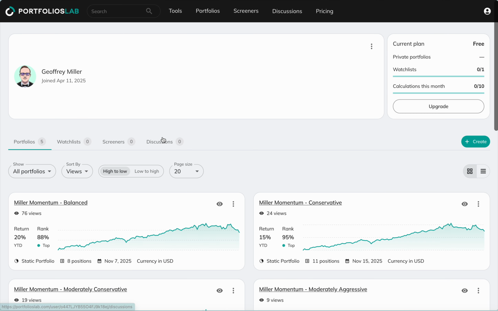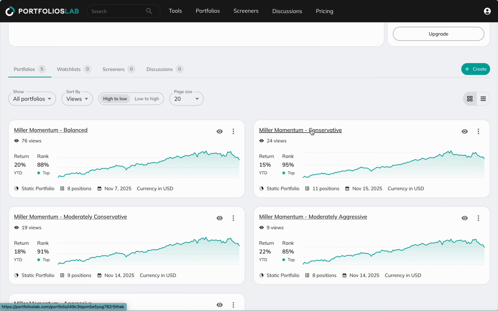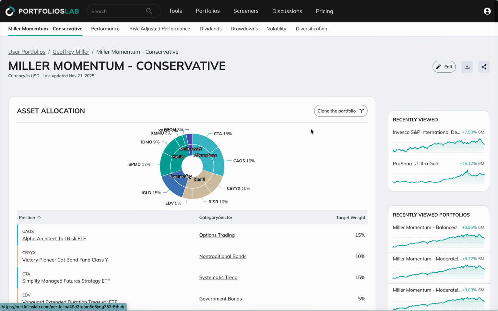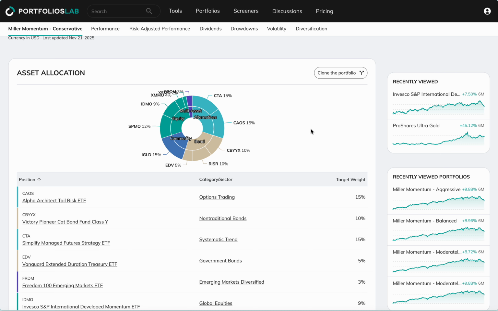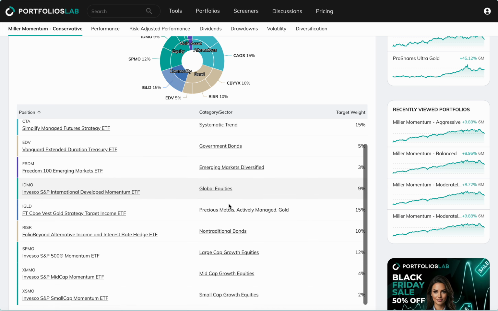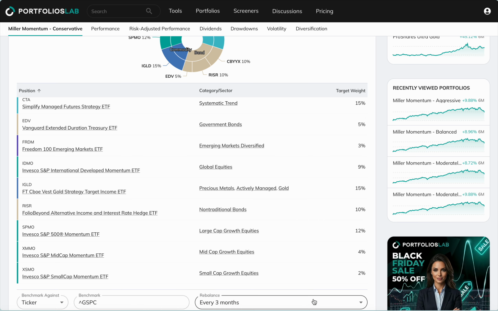And then at the other end of the spectrum, for somebody who might be in retirement, you've got the conservative allocation, which really shrinks the equity down. So you've got a total equity allocation that's fairly small here.